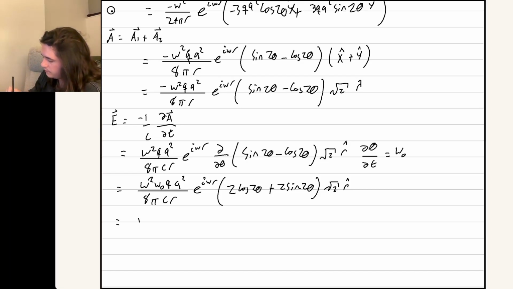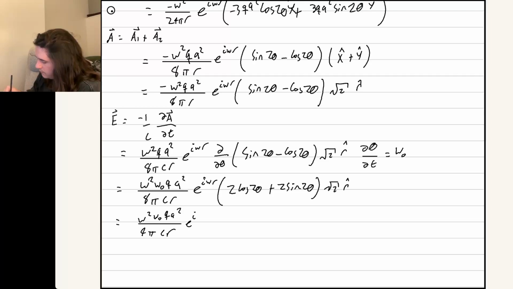So you do get an overall additional factor of 2, which you can move into the denominator, say it's 4 pi c r down here, and then you have your propagation piece, your root 2, and then your superposition of trig functions, and it's in the r hat direction.